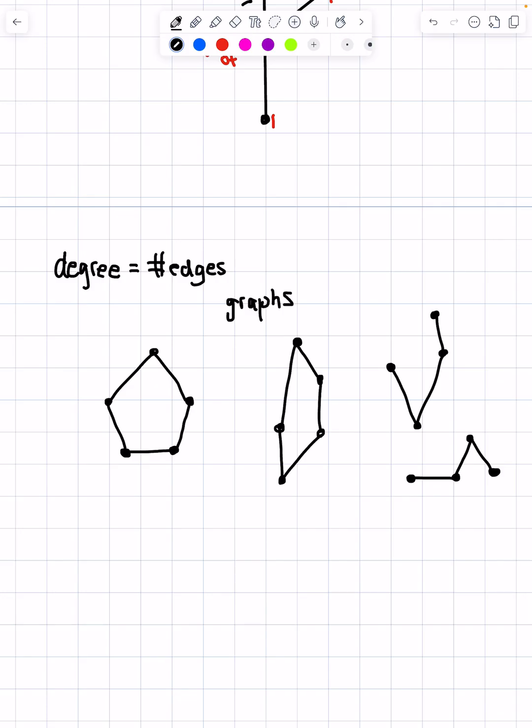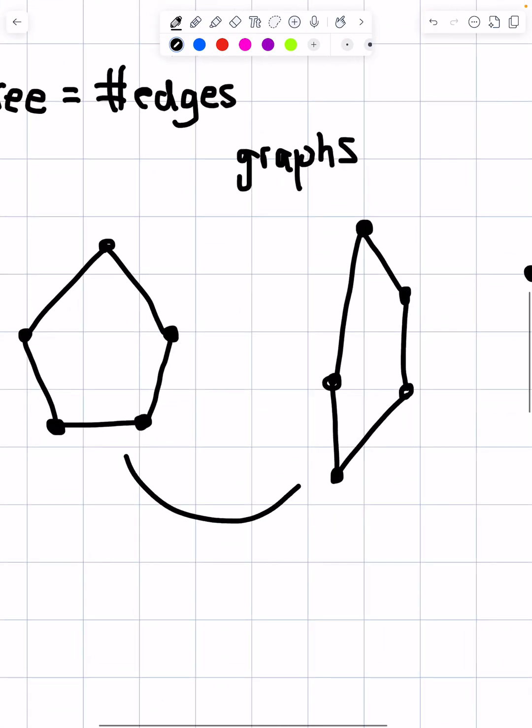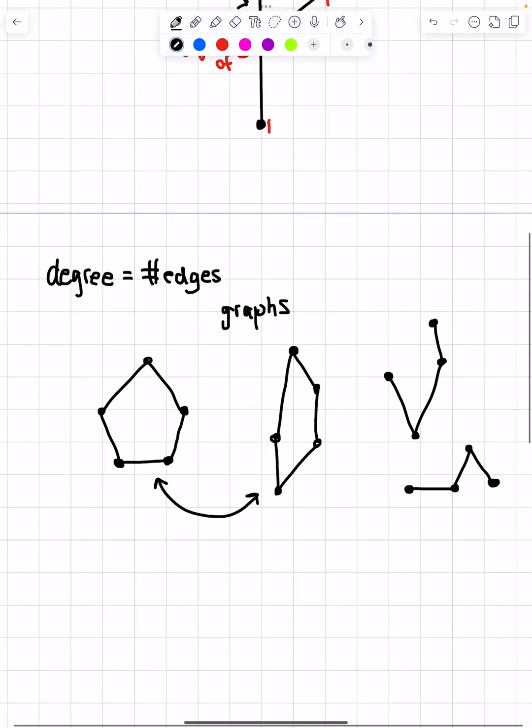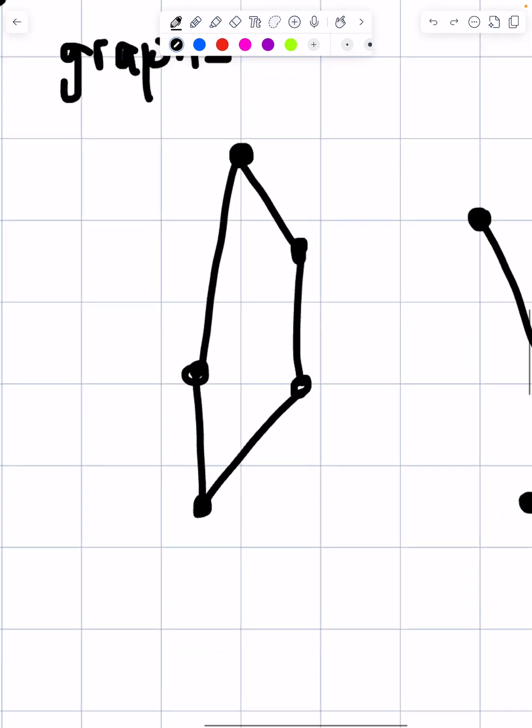They all look different. But I can tell you right now, spoiler alert, that these two are the same and these two are the same. Why is that? We can start the easier way. Let's take a look at this graph.